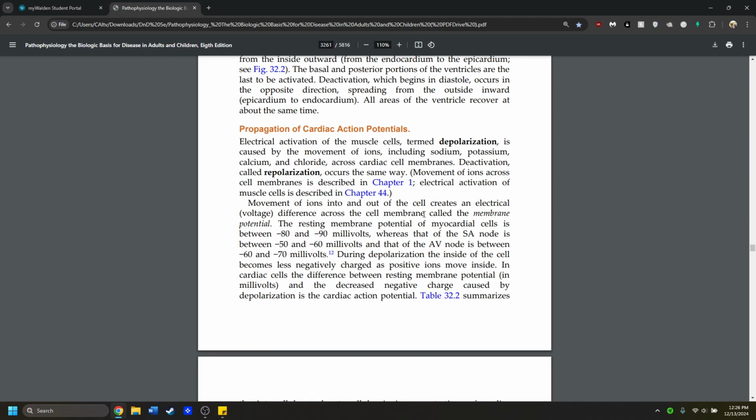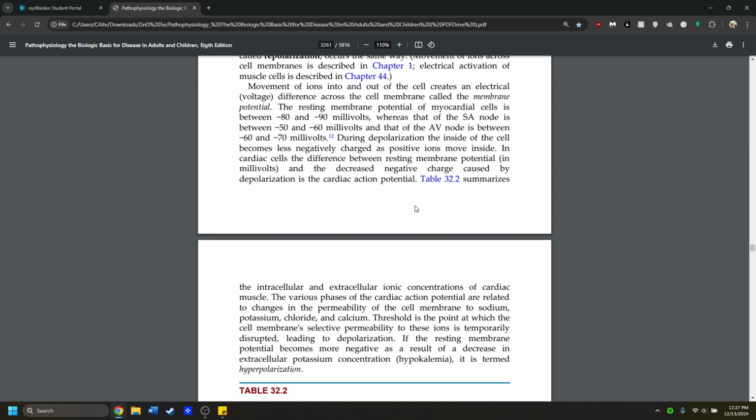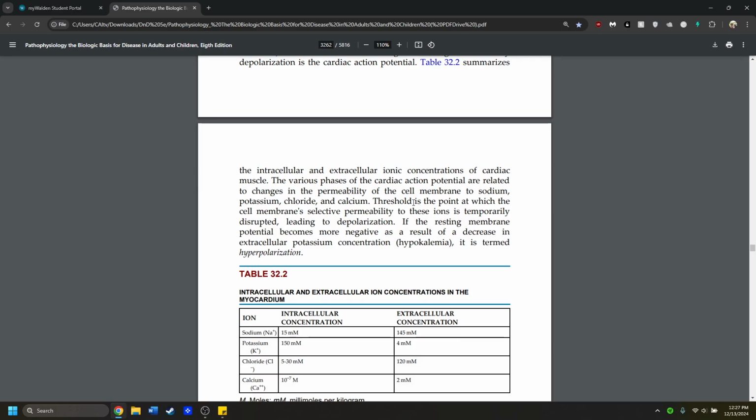In cardiac cells, the difference between resting membrane potential and the decreased negative charge caused by the depolarization of the cardiac action potential. Table 32.2 summarizes the intracellular and extracellular ionic concentration of cardiac muscle. The various phases of cardiac action potential are related to changes in the permeability of the cell membrane to sodium, potassium, chloride, and calcium.